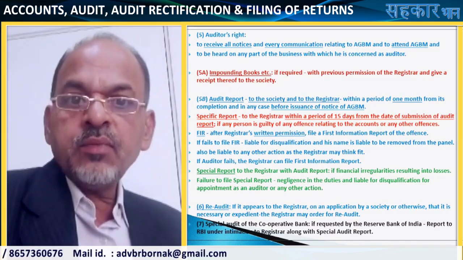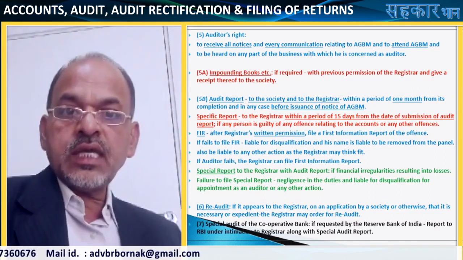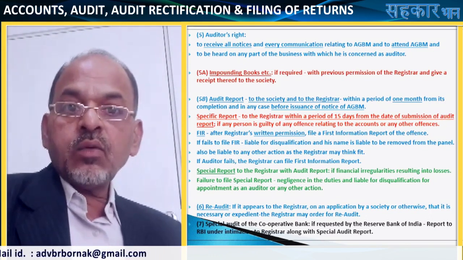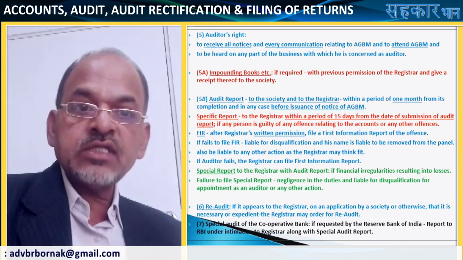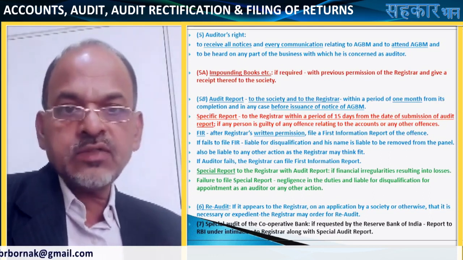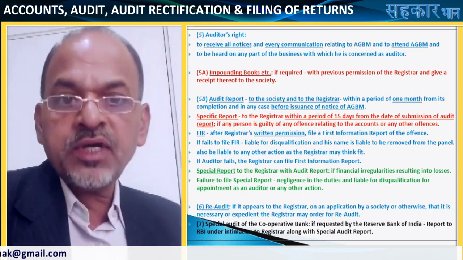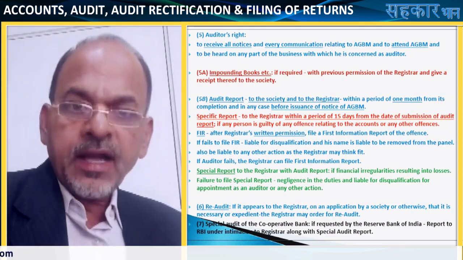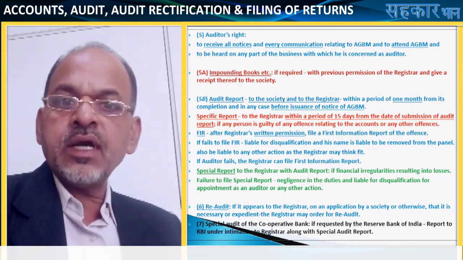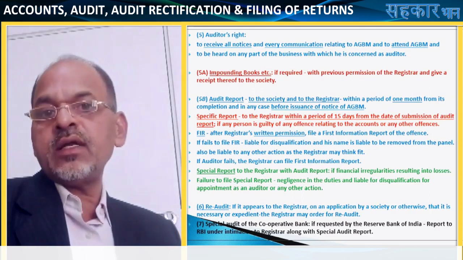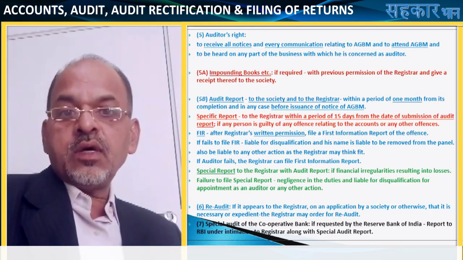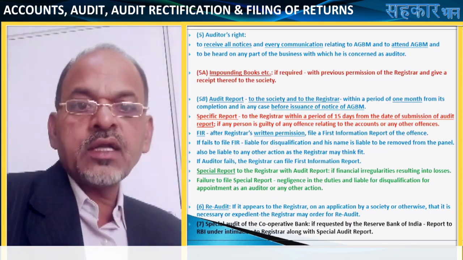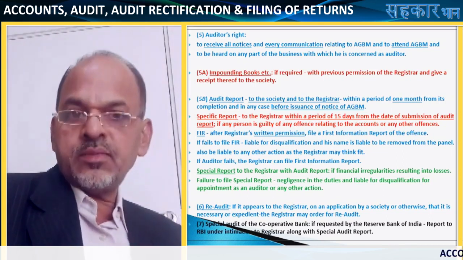Specific reports and special reports are not submitted to the society, because some serious things observed by the auditor are mentioned in the special report, and what action is required to be taken is mentioned in the specific report. So that is why immediate action is required to be taken, and that is why a specific report is prepared. Okay, in the special report, serious findings, etc., are incorporated, but if immediate specific action is required to be taken, and the auditor wants to recommend that action, then a specific report is required to be prepared by the auditor.